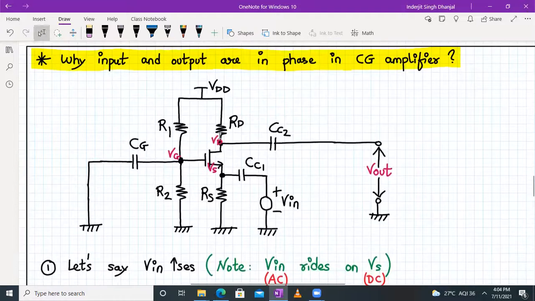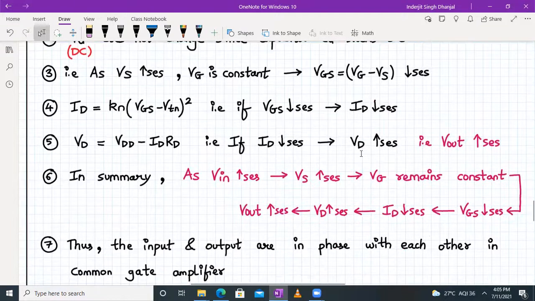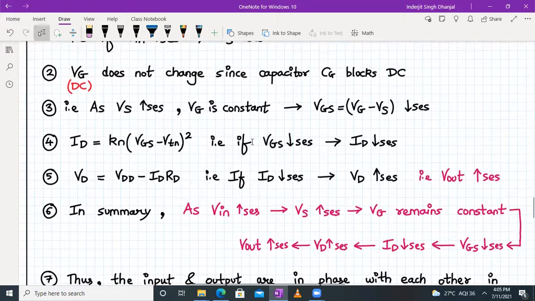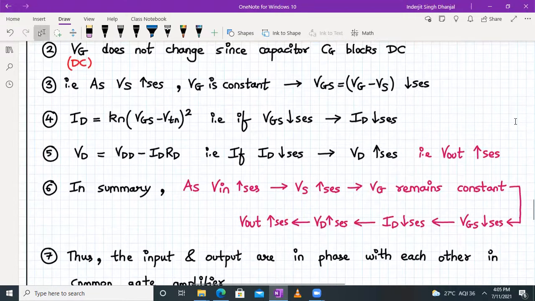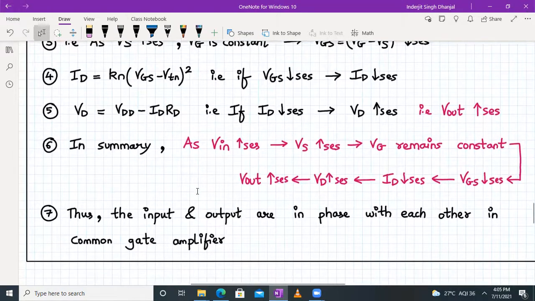And this drain voltage Vd is connected to the output. So Vd contains both AC and DC. Whatever happens to your drain voltage Vd, the same thing will happen to Vout. As you can see, we started with Vin increasing and we ended at Vout increasing. So in summary, as Vin increases, voltage Vs increases, and the gate voltage remains constant.